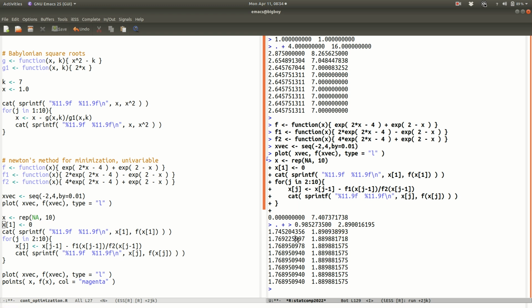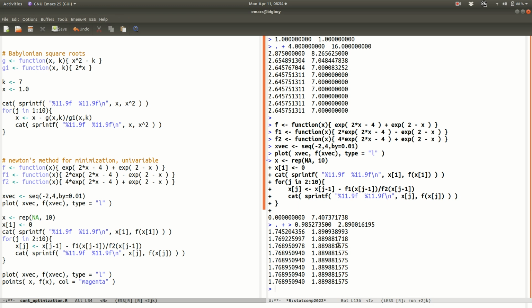So here, it's near the minimum within, I guess, 6 decimal points. And then, of course, we get closer and closer as we continue to iterate. All right, so this found the minimum in basically 1, 2, 3, 4 steps. So it's very fast again.